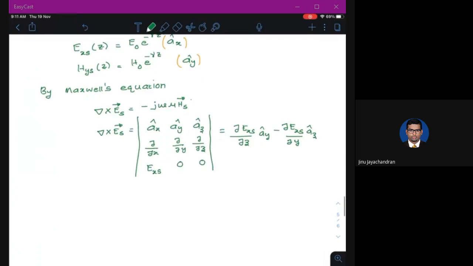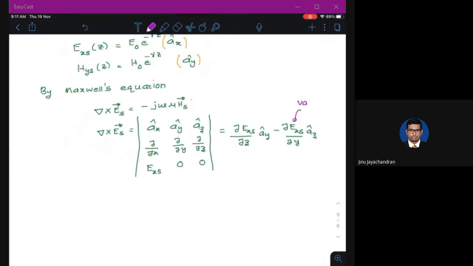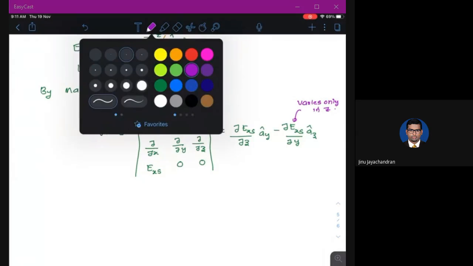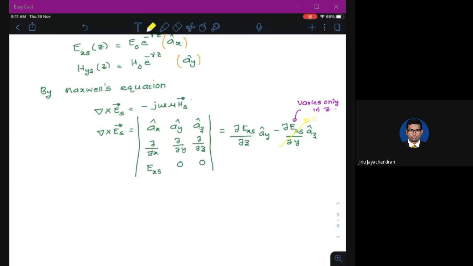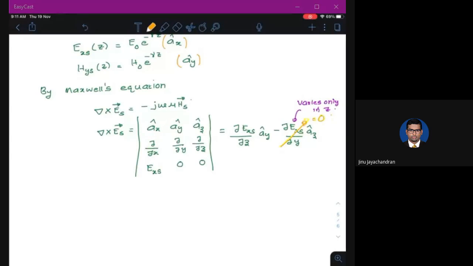Okay. Now we know that EXS varies only in Z, which implies the value of this term is equal to 0. Because when you differentiate EXS of Z with respect to Y, the electric field doesn't have any variation along Y, because of which when you differentiate with respect to Y, it becomes 0.